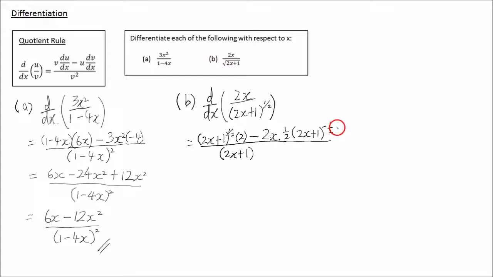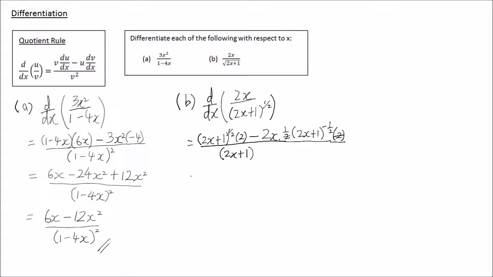That will give us 2. Notice that the 2 and the half here will cancel out. So we are left only the 2 here.